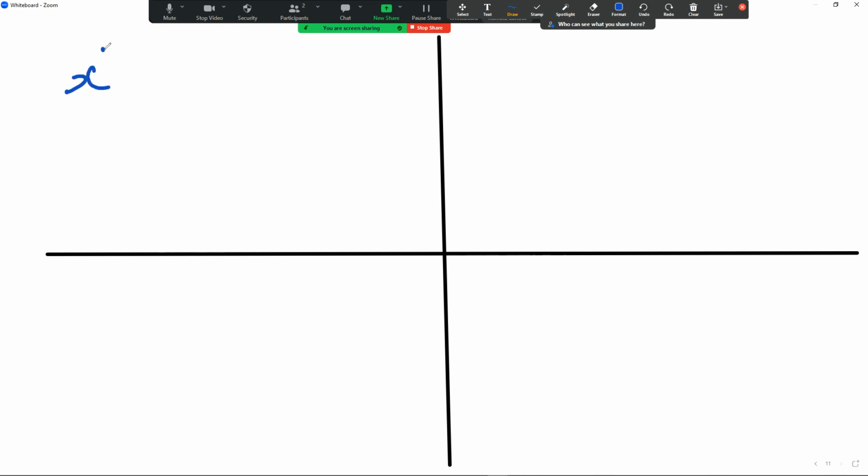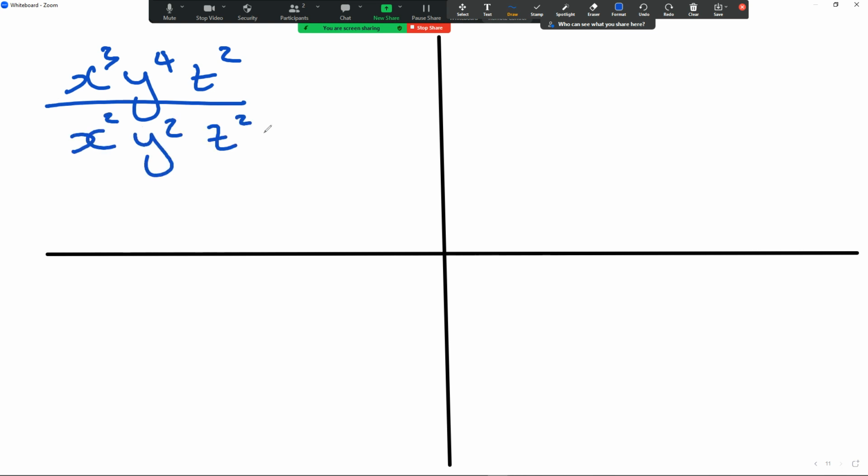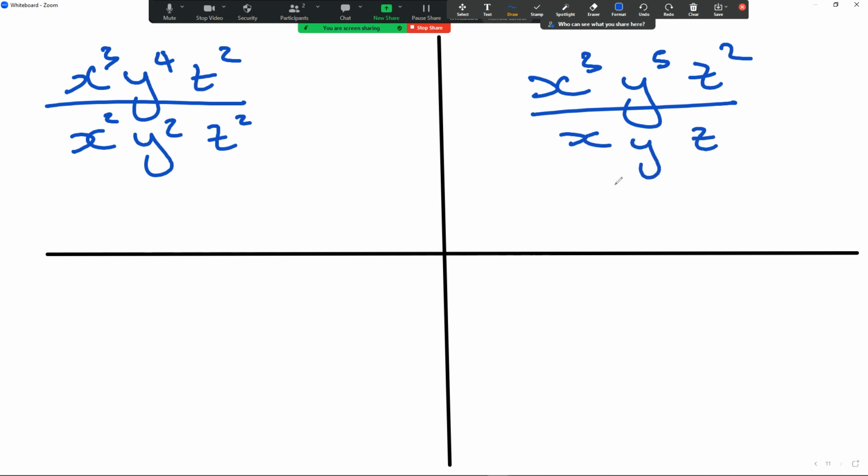I've got x to the power 3, y to the power 4, z to the power 2 over x squared, y squared, z squared. I've got x to the power 3, y to the power 5, z to the power 2 over x, y, z. And now I'm going to reverse it.